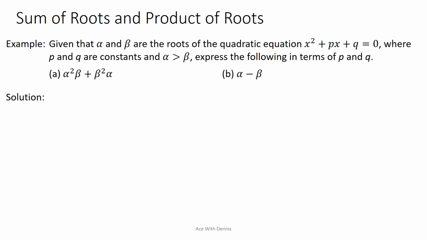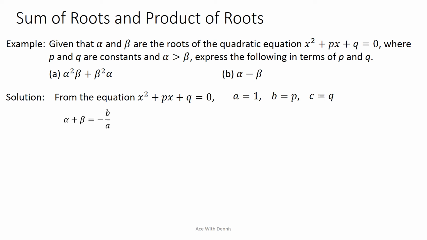The solution for this example is, from the equation x squared plus px plus q equal to 0, we know that a is 1, b is p, and c is q. Hence, alpha plus beta equals negative b over a. We get negative p over 1 or negative p.